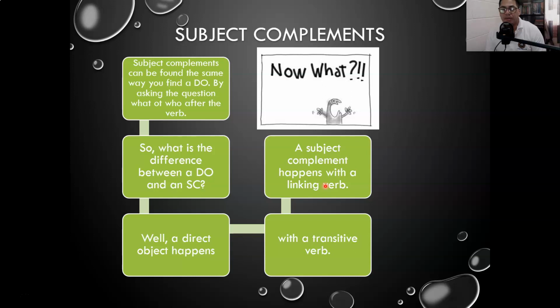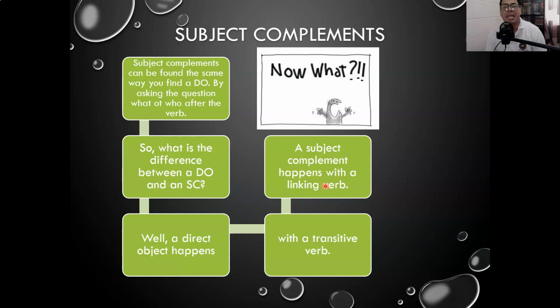Marcus is turning red. Marcus is becoming red. The people are growing impatient. The people are becoming impatient. So these verbs are also used as linking verbs in this case.